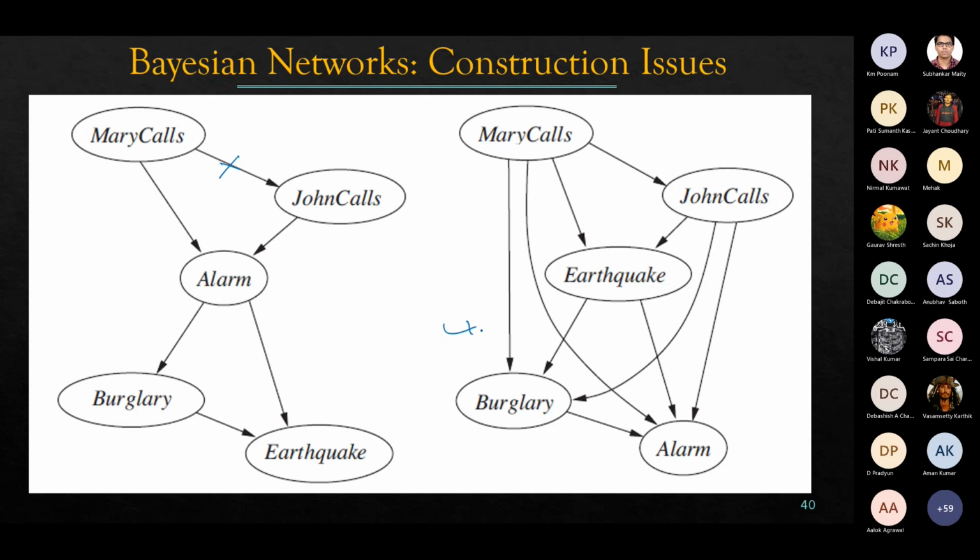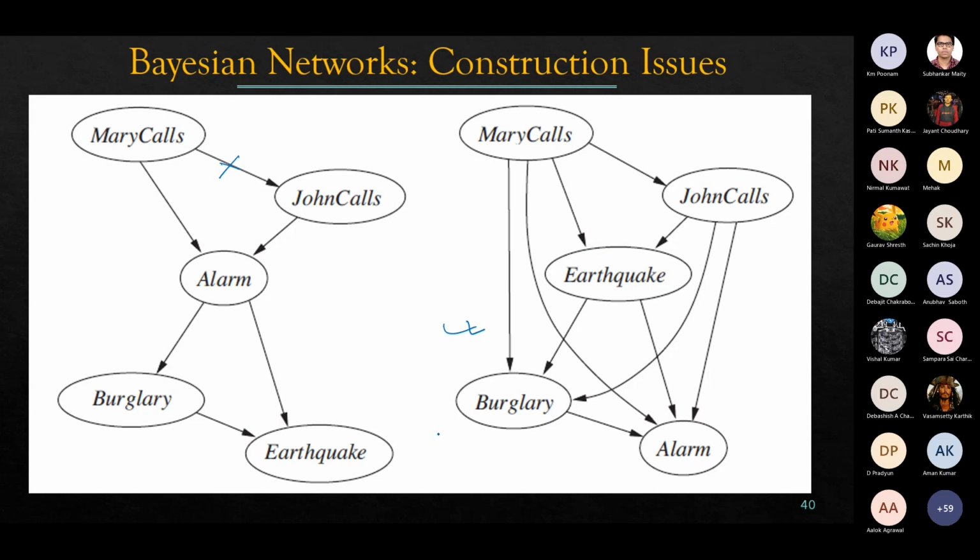The other thing you can see in this other network is that even though your directionalities may be right, you should not unnecessarily connect different variables. If you do that, the number of assignments will increase.